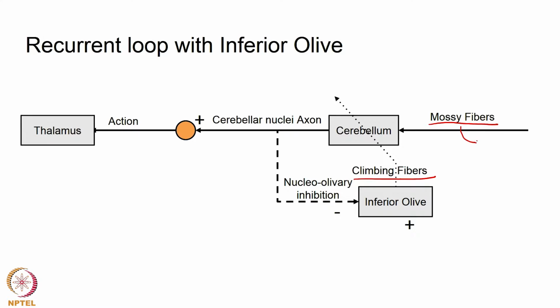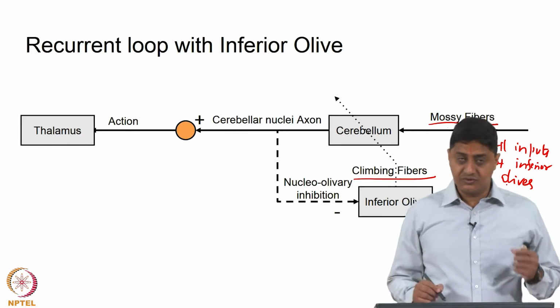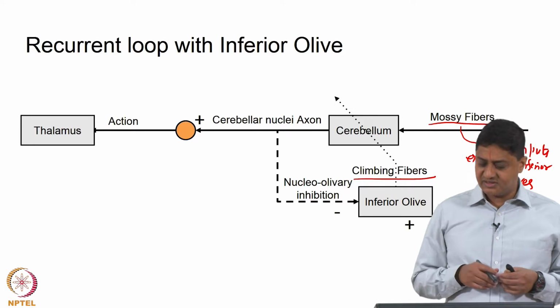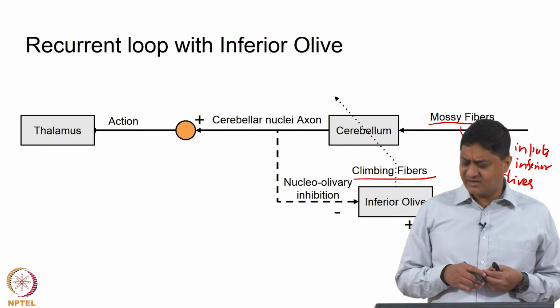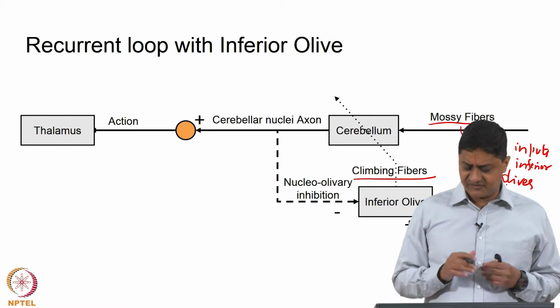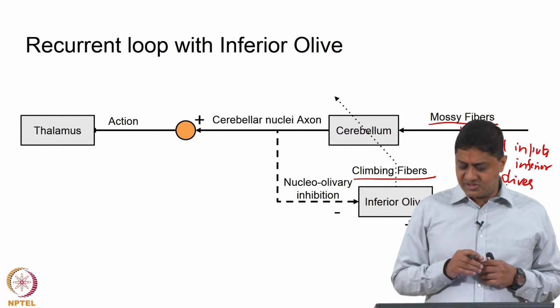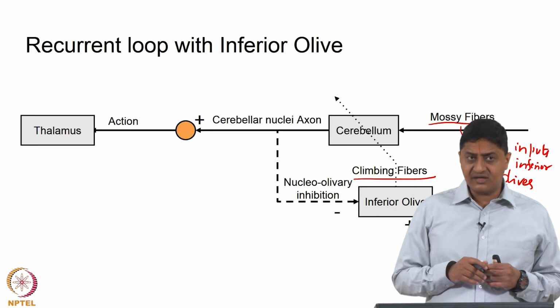Mossy fibers include all the inputs except inferior olive. This may be from pons, this may be from spinal cord and any other region. Inputs that originate from inferior olive are called as climbing fibers.